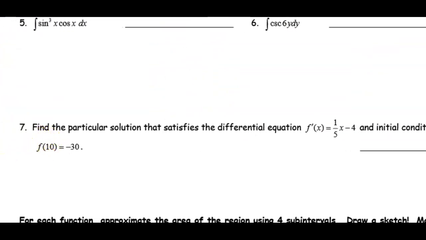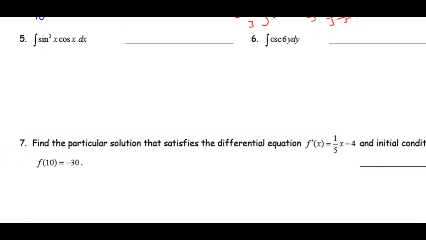Okay. Right here, same thing. I'm going to rewrite this one first. So it can be sine of x cubed cosine of x dx.